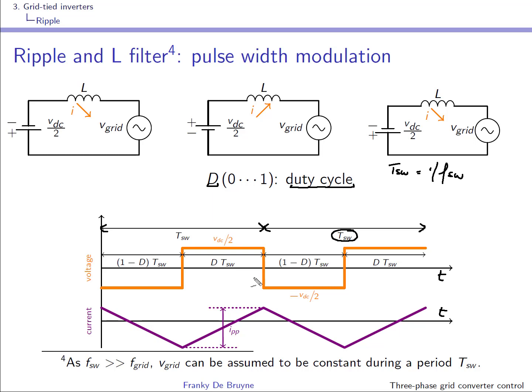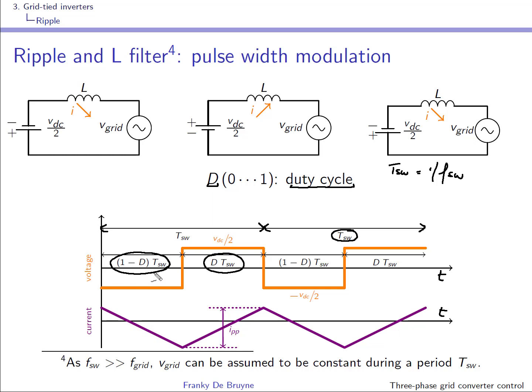So during this switching period, the top transistor will be conducting for a time D times the switching period, and for the remaining part of that time, 1 minus D times the switching period, the bottom transistor will be conducting.